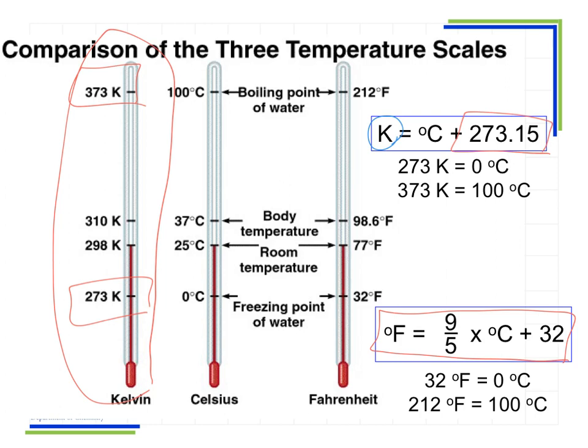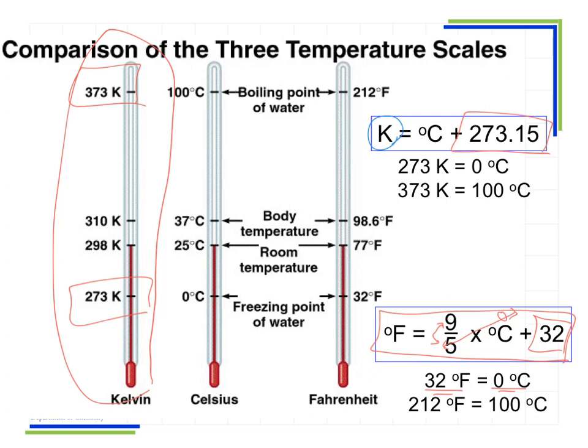You always hear about 9 to 5 jobs, so it's always 9 over 5 times Celsius plus 32, and this 32 is the freezing point of water. If water freezes at 0 degrees Celsius, it is 32 degrees Fahrenheit. So if you put 0 here, you take this out, and it will be 32 degrees Fahrenheit.